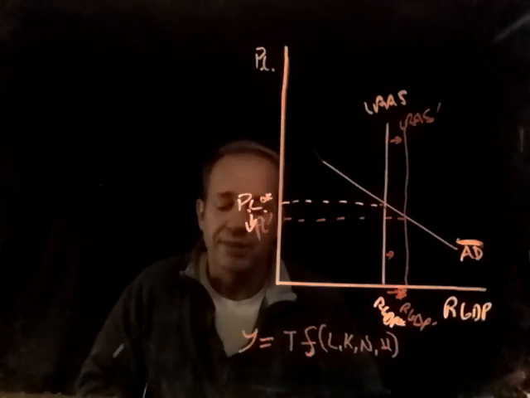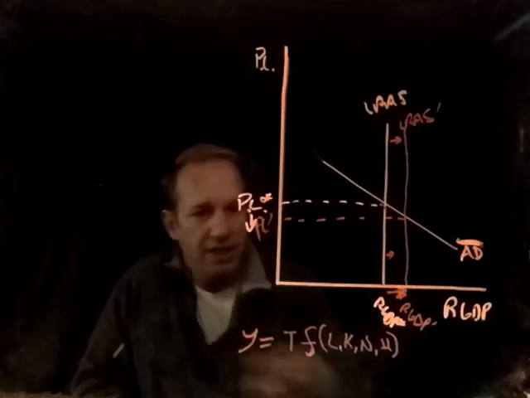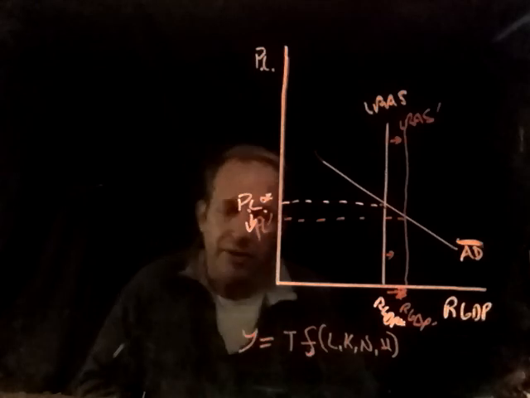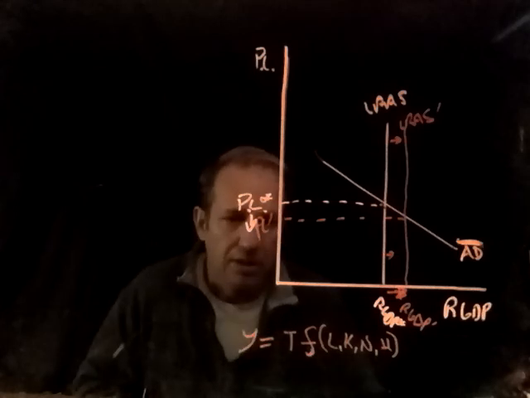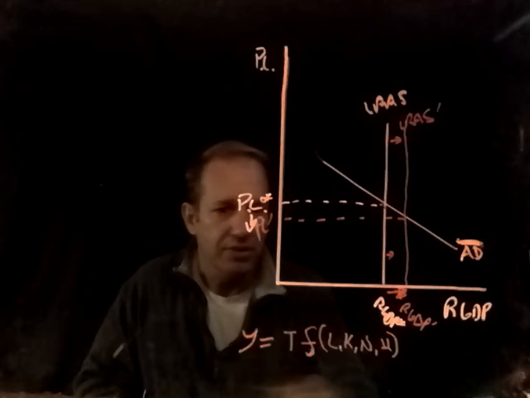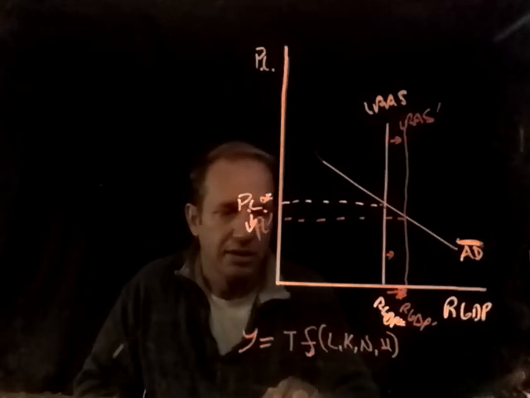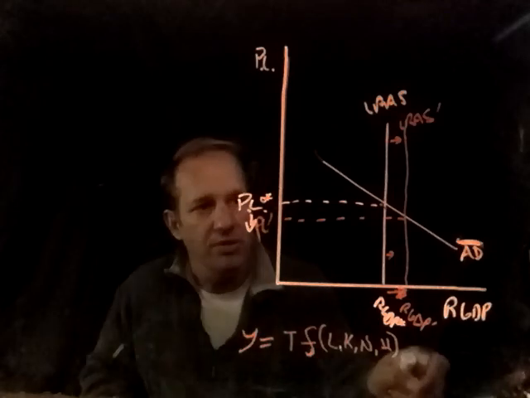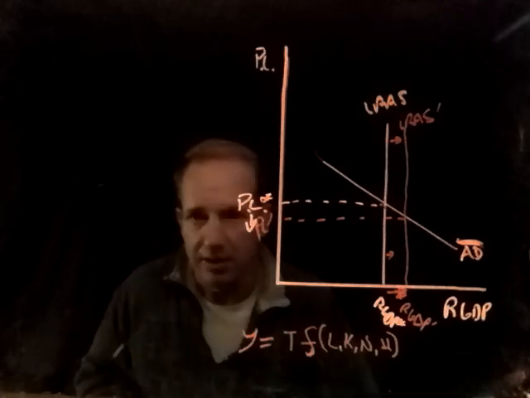Letter C, a decrease in the quantity of money in circulation. Does anybody see any kind of an M or an MS in there for money or money supply? I don't think so. These are the productive resources in an economy. Output is a function of these things improved by technology. There's no money in there. A change in the money supply affects consumption or investment. Those are the determinants of aggregate demand.